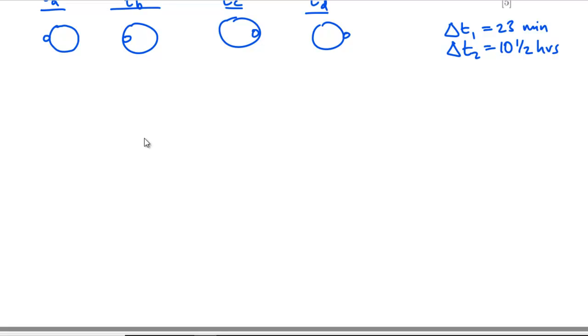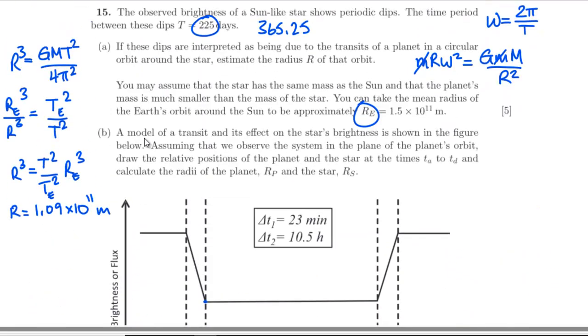Right, so let's work out then 23 minutes. What was the orbit of this thing? The orbit is 225 days. So 23 minutes is going to be 23 over 225 times 24 times 60. That's going to be our denominator of an orbit.